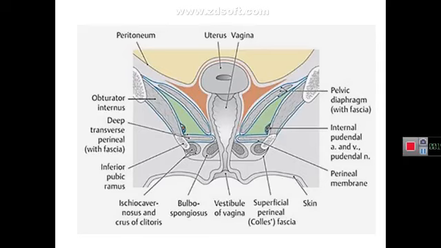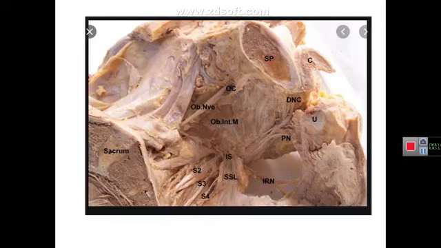Rule number 2. You can see in this figure, this is also a hemi pelvis, half pelvis. This is the pubic symphysis anteriorly, and this is a mid-sagittal section in the sacrum posteriorly, and this is the arcuate line. Above it is the iliac fossa, below it is the pelvic surface of the ilium.